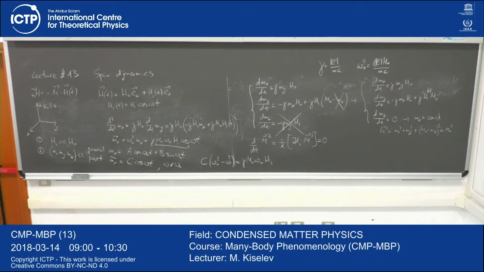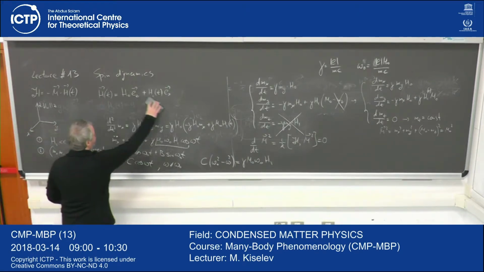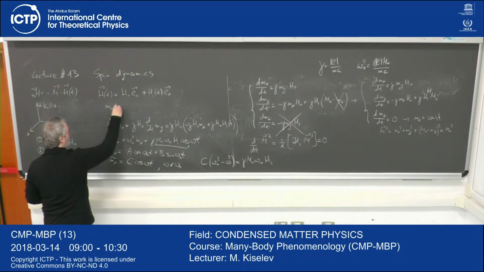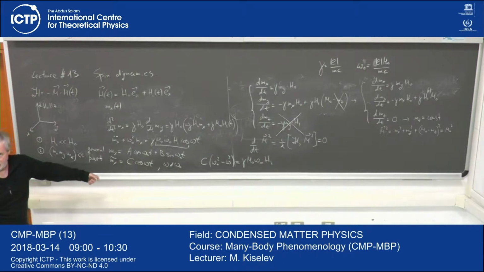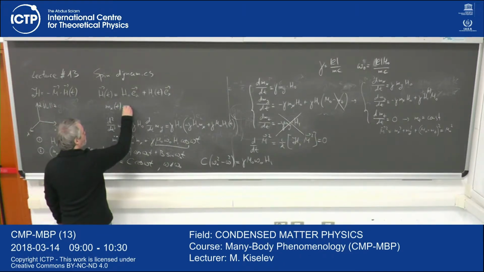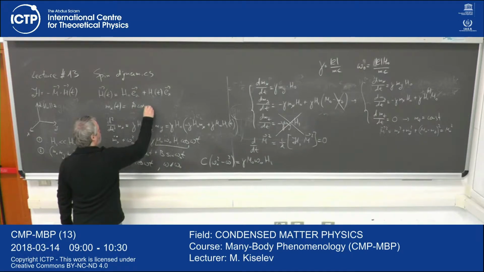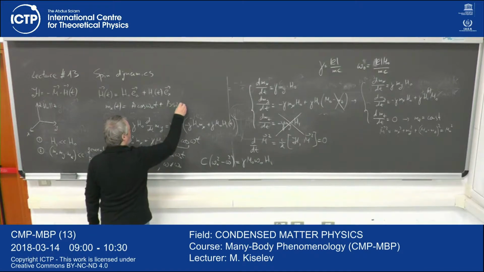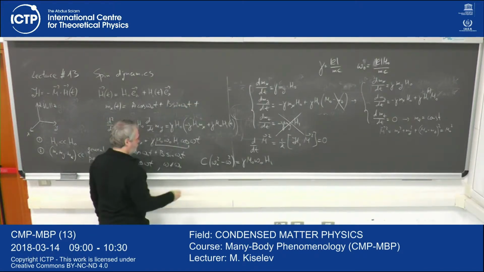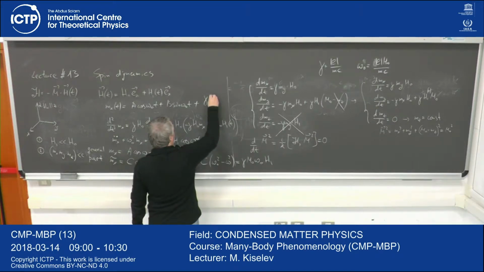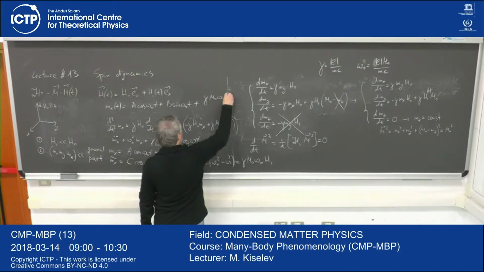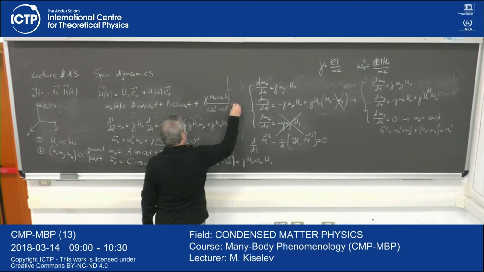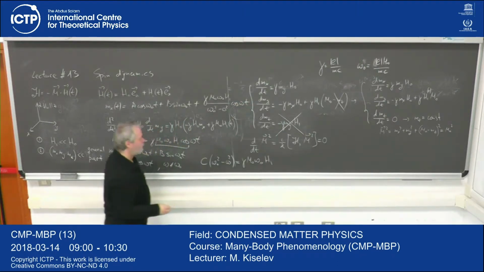So the total solution of my problem, mx(t), should be equal to the sum of the general solution and the particular solution. So this is a cosine omega naught t plus b sine omega naught t plus gamma m naught omega naught h1 divided by omega naught square minus omega square, cosine omega t.